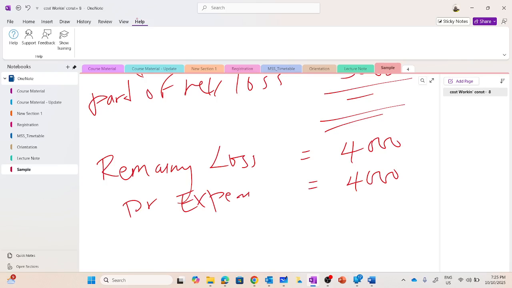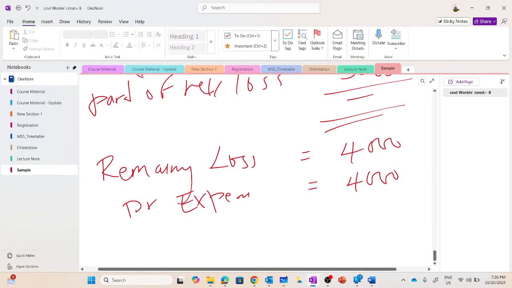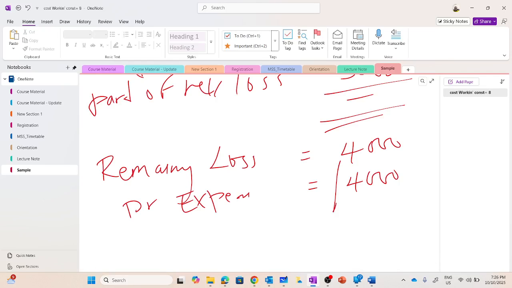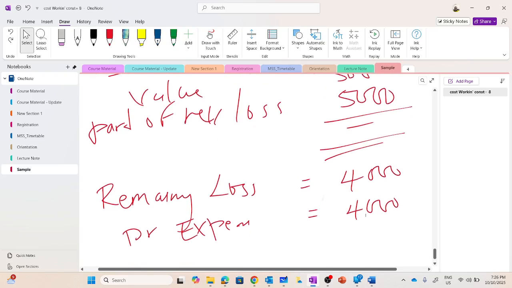This is the concept you need to know, and this is all you need to know about IAS 16.